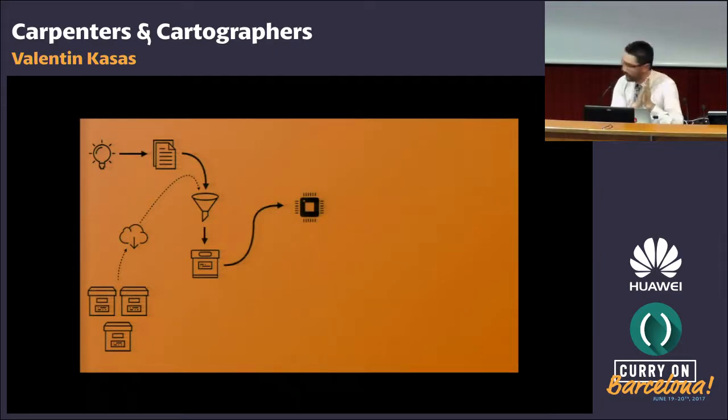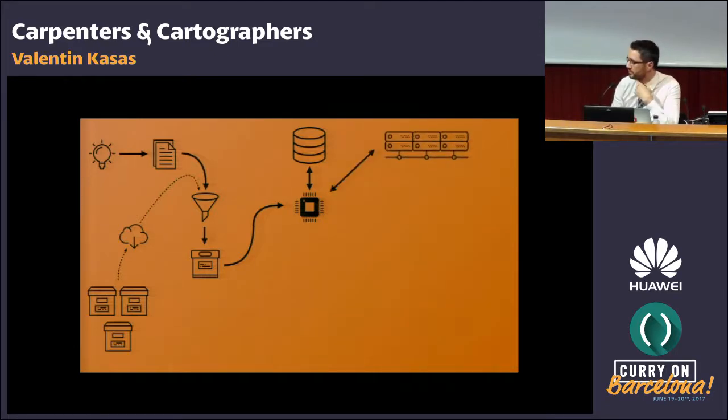And then we end up with our binary, and we ask the OS to make the CPU execute our code. And during that process, the CPU will talk to, say, a database or other computers across the network, or even, if we are still working in the 20th century, it will talk with printers.